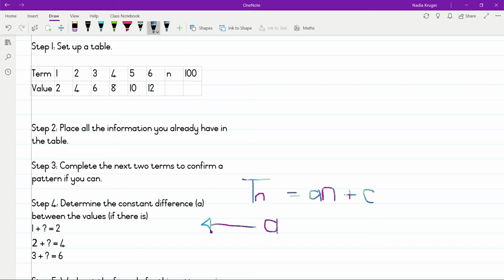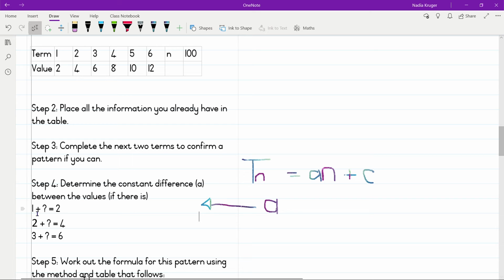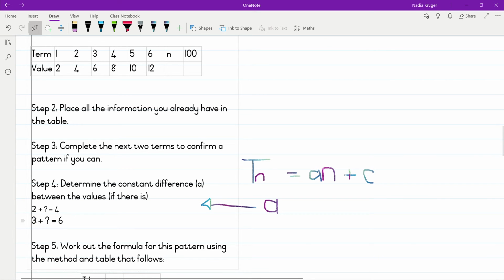Okay, so let's find out what A is. So we take the information we already have and we say 1 plus what will give me the value of the next term. Okay, hang on, we should have started at 2. So our first answer is 2. 2 plus what will give me our next answer, which is 4. So 2 plus 2. And then we go to 4. 4 plus 2 would give me our next answer, which is 6.